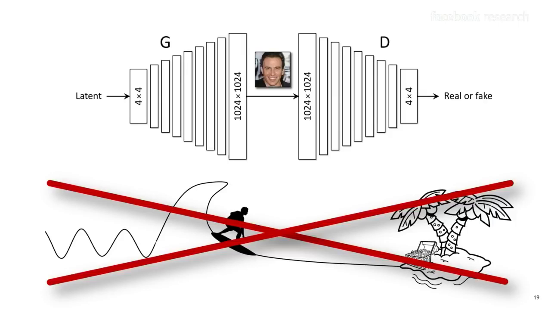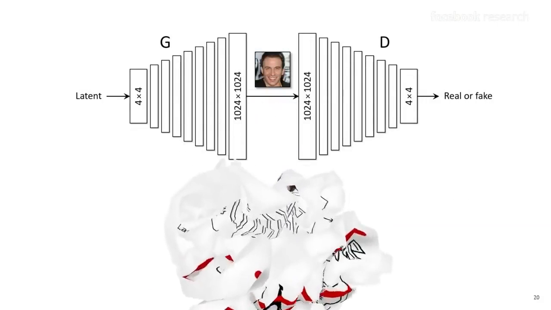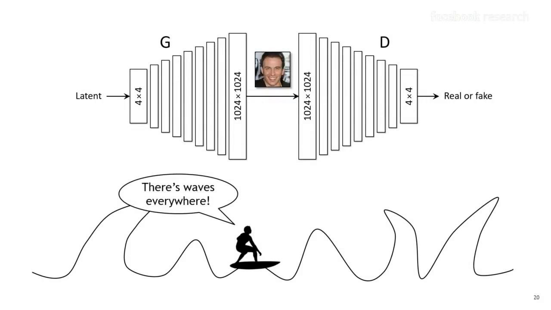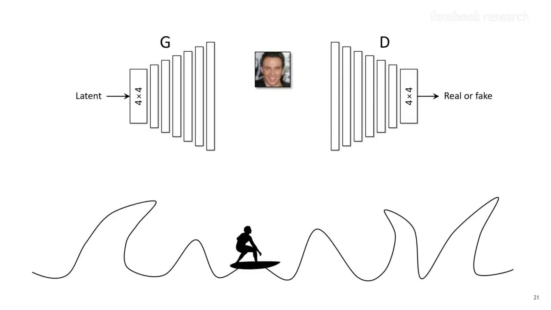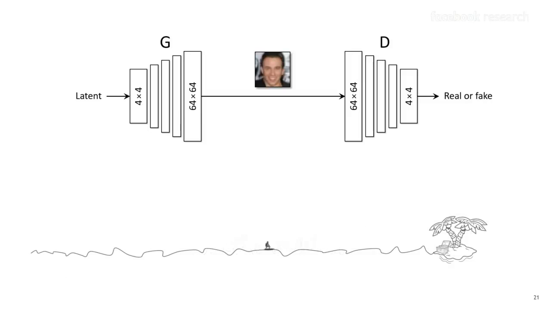So it's almost as if we had thrown the surfer in the middle of the ocean. There's waves everywhere and the shore is nowhere to be seen. In many ways, we are now looking at the situation from too close. If we decrease the resolution, it's like zooming out. We get a much clearer view of the big picture, but we can no longer discern the smallest waves.